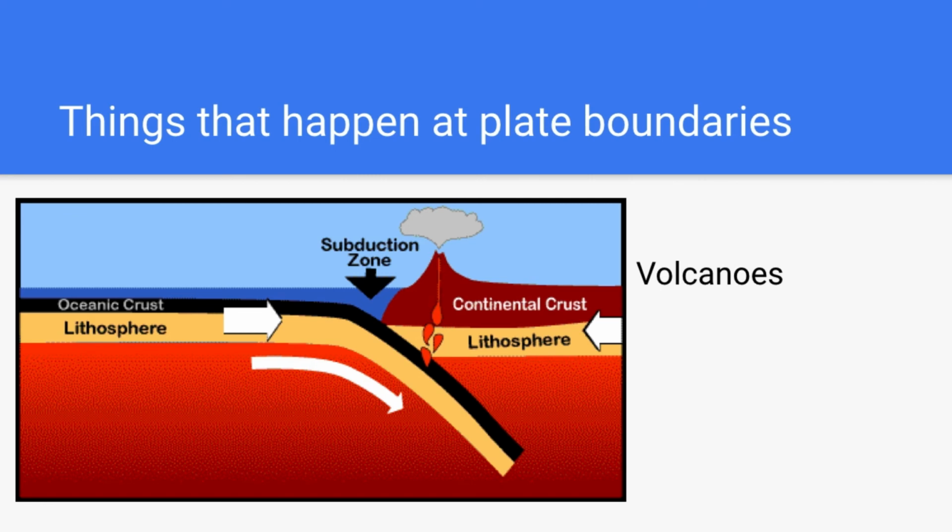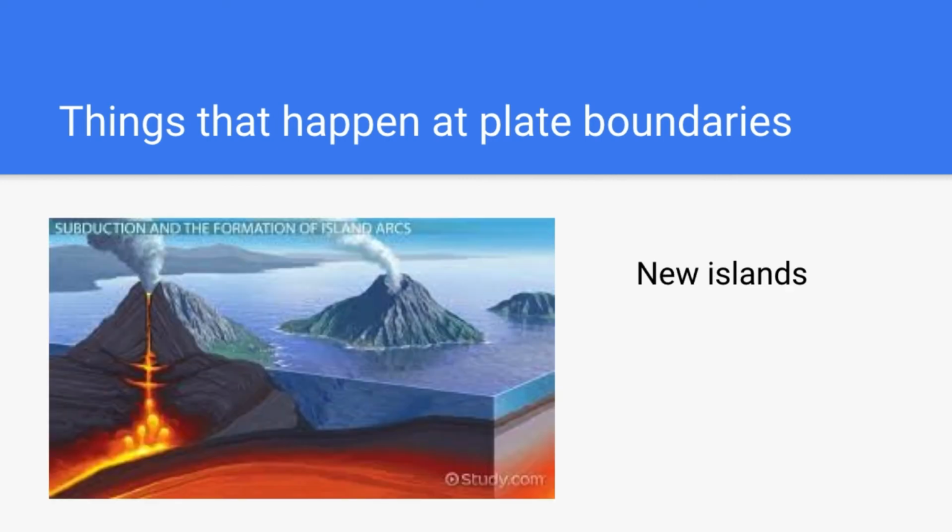So the ocean crust goes under, and then it breaks off and makes magma, and then the magma doesn't know where to go, so it busts through the continent and makes a volcano, and that could also happen underwater. Oh, that's interesting. What else also happens along plate boundaries? New islands also happen.